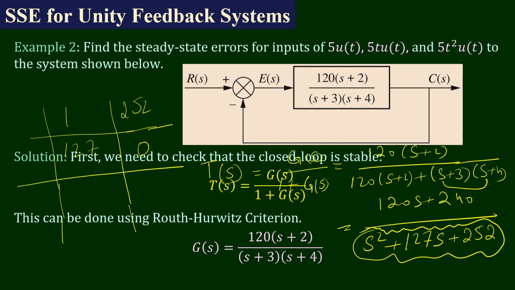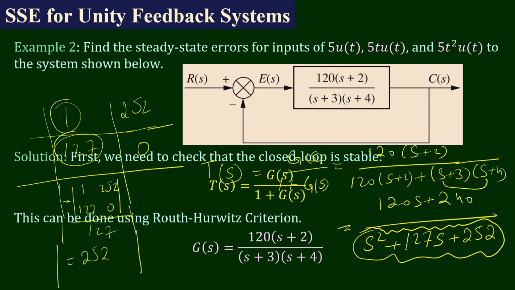This is a positive number, this one is positive, and then we will write minus the determinant of 1, 127, 252, and 0, upon 127. This simplification gives us 252 over here.